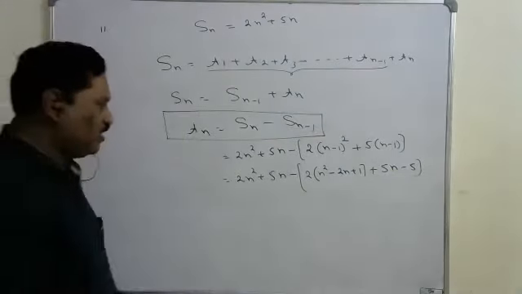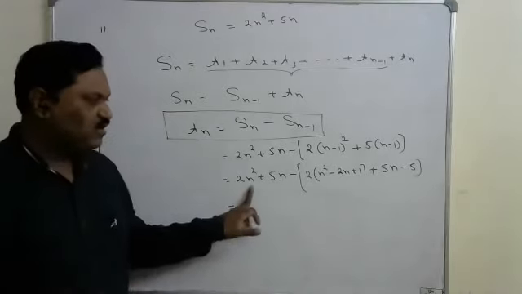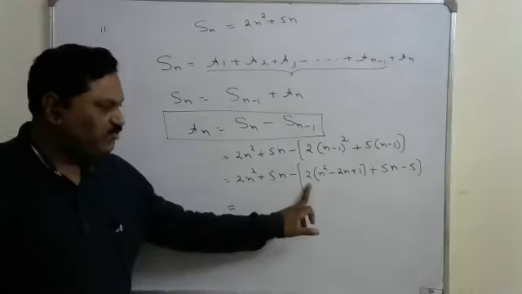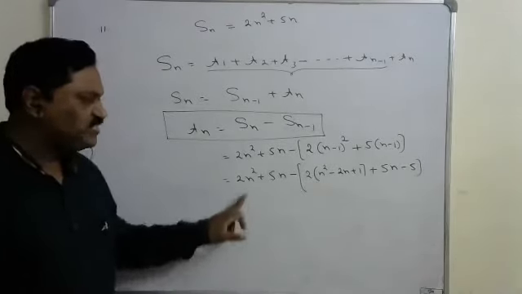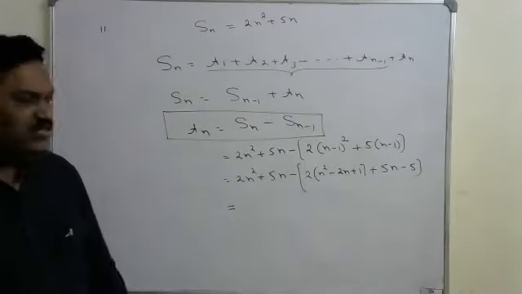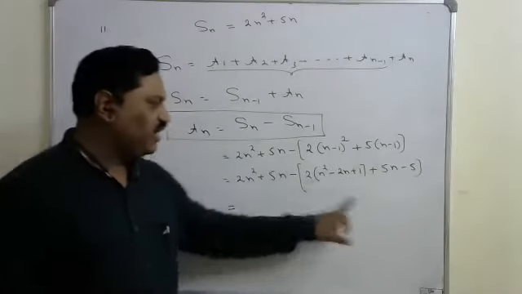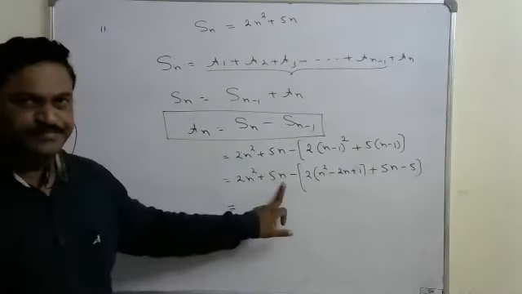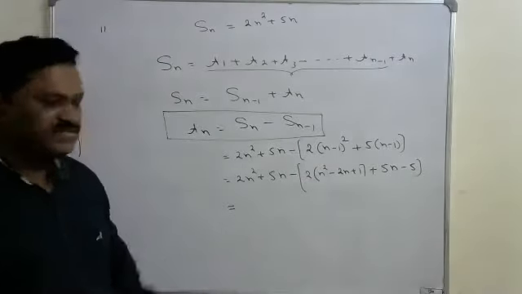Now observe here. Here the first term is 2n square minus, here also the first term multiplied by 2 is 2n square. So minus 2n square plus 2n square gets cancelled. Similarly, there is a 5n here and minus 5n, which is also getting cancelled. Here plus 5n, multiplied by the minus sign is minus 5n, that is also getting cancelled, right?